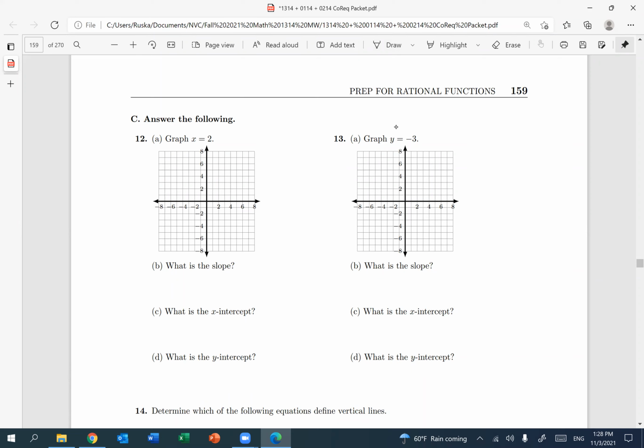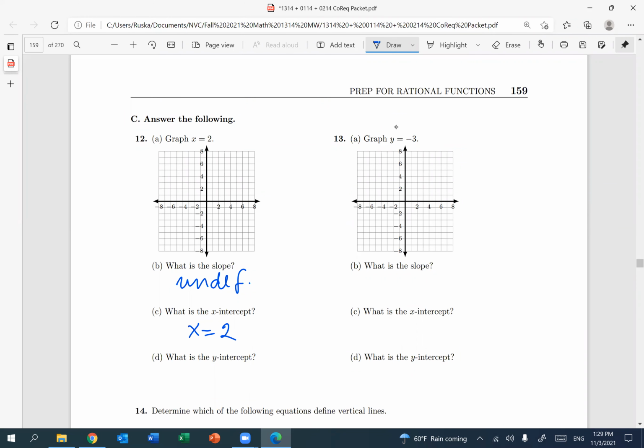So what is the slope? If x is equal to a number, the slope is going to be undefined. Remember that, right? It's a vertical line, undefined. The x-intercept is going to be x equals 2, right?